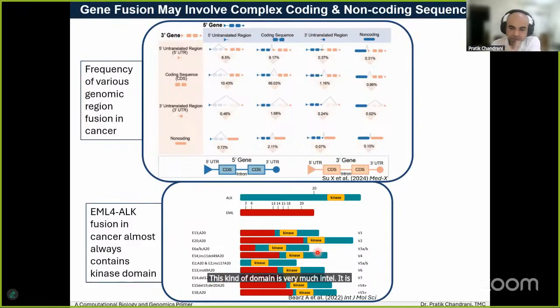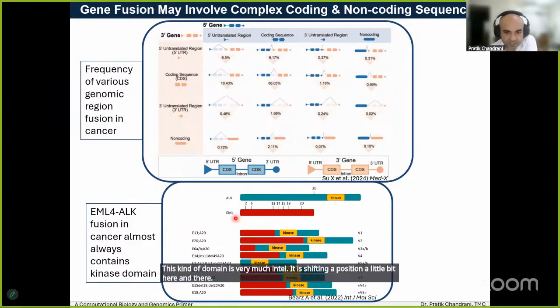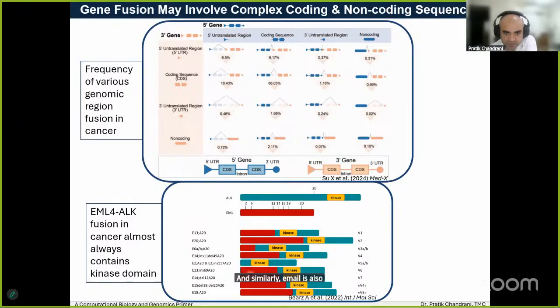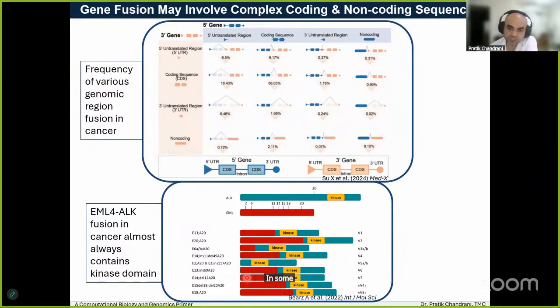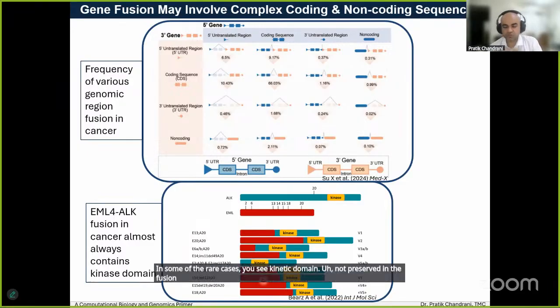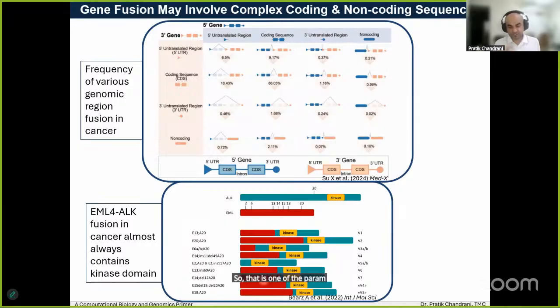It is shifting position a little bit here and there, and similarly EML4 is also shifting position here and there, but in almost all of the cases you get to see the kinase domain intact. In some rare cases you see the kinase domain not preserved in the fusion product. So that is one of the parameters we typically use to assess the relevance of a fusion. And if the functional domain is not preserved in the fusion product, then we don't consider it for biological and clinical applications.